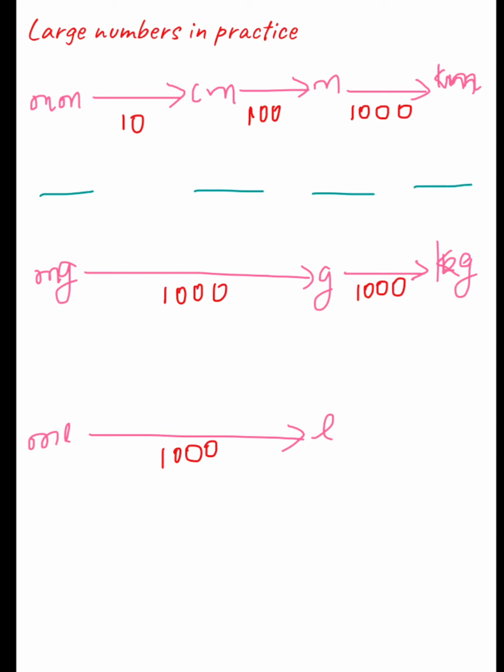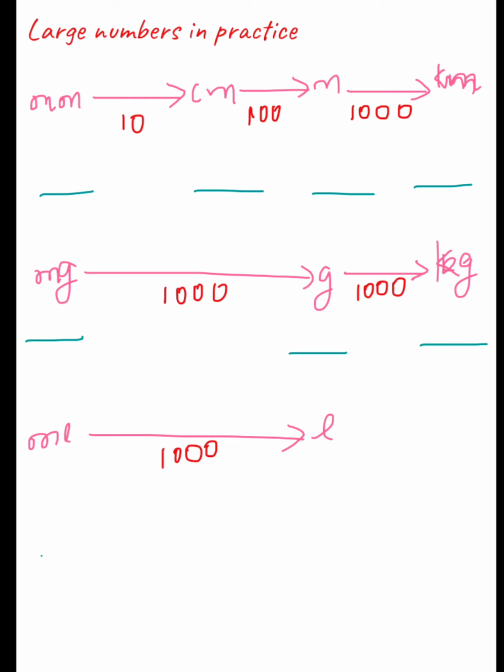In the case of weight, milligram, gram, kilogram. Here there is no centigram. In capacity, you can see there is no kiloliter, but there is milliliter and liter. Only the basic units are discussed here.